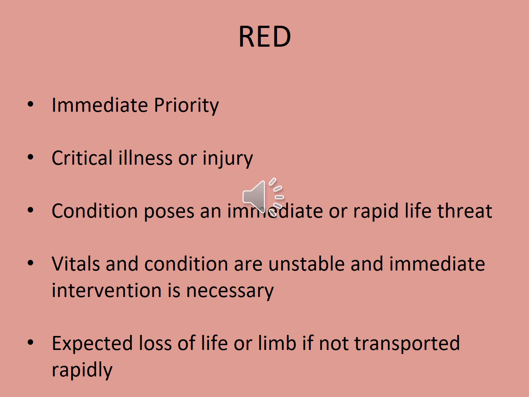Their vital signs are probably bad, or maybe they're compensating, but they're not going to compensate forever. You need to do immediate interventions to maintain their vital signs, to maintain their airway, and get them to the hospital. These are any patient that is in a rapid threat for loss of life or loss of limb.